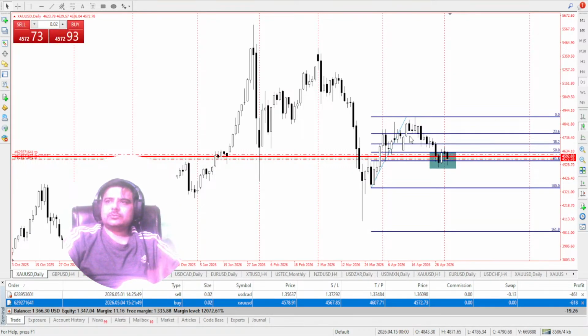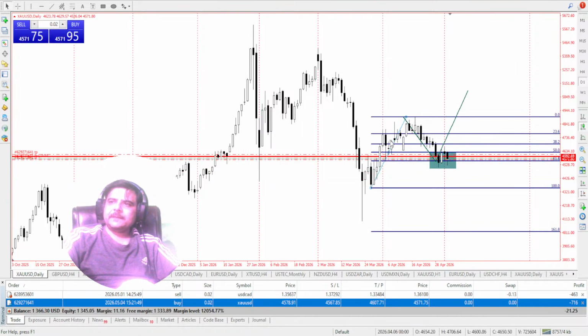Because this is A to B, this is B to C, and obviously C to D will be this. So now this area is 61.8 right here.